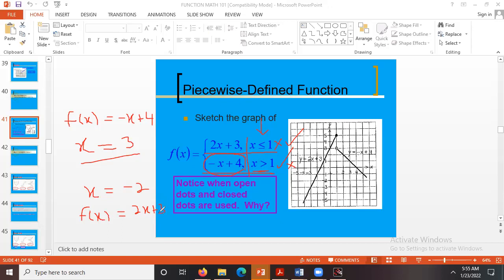Okay, now where is this applied? In robotics, we may define different functions for the robot.